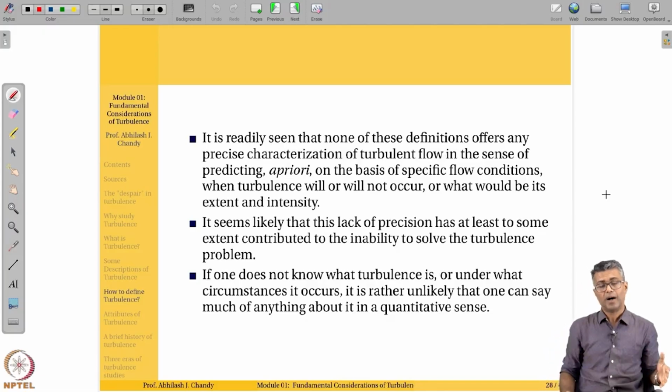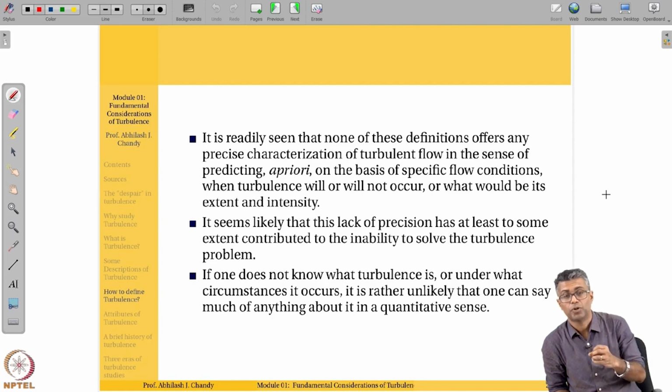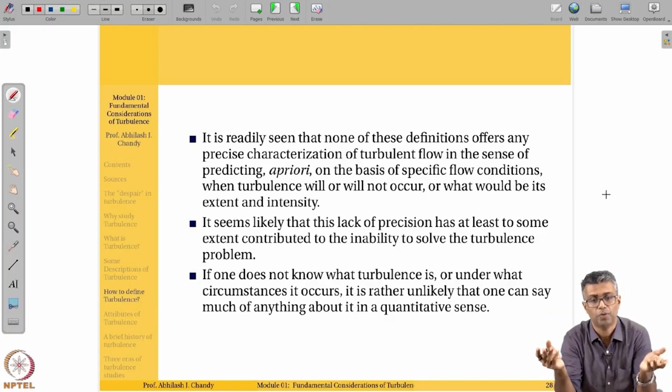One can argue that it is probably because of the lack of this precision that we are not able to understand turbulence to its full extent. And probably that is why we are not able to solve the turbulence problem.